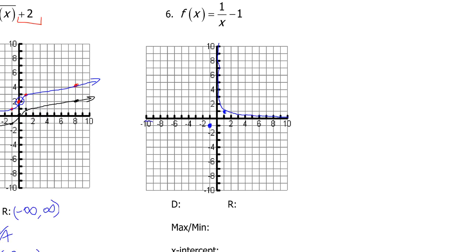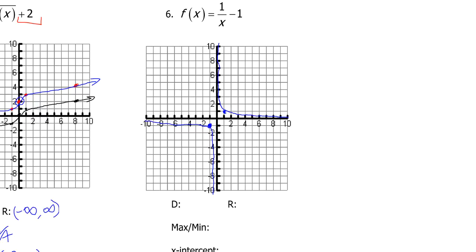And this one kind of goes out and down to the other end. We're going to get close, but not exactly touch. So that's the original.